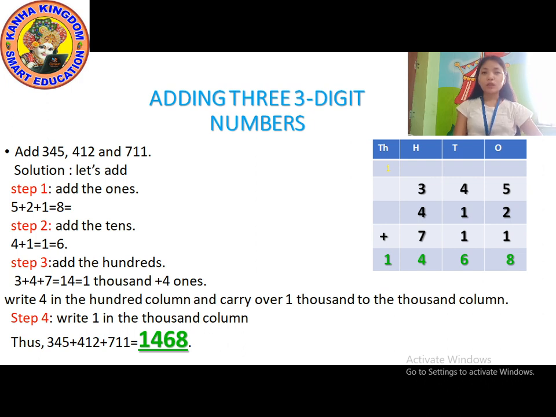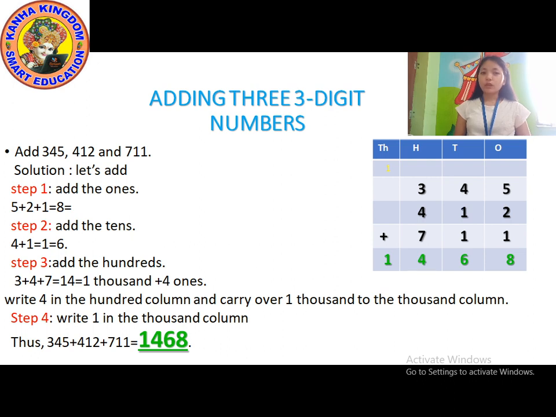So 3 plus 4 plus 7 equals 14. We are adding hundreds, so 14 means 1400, right? That means 4 is in the hundreds place and 1 is in the thousands place.